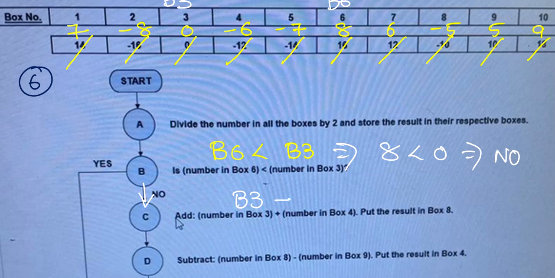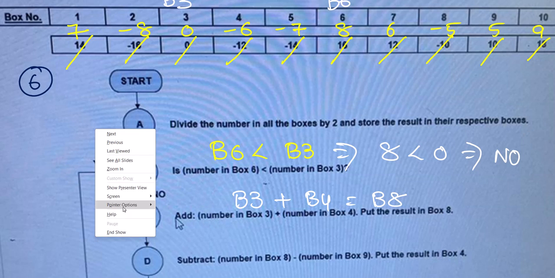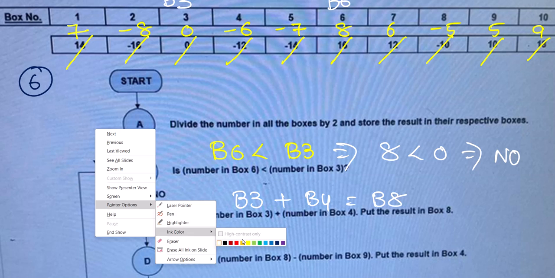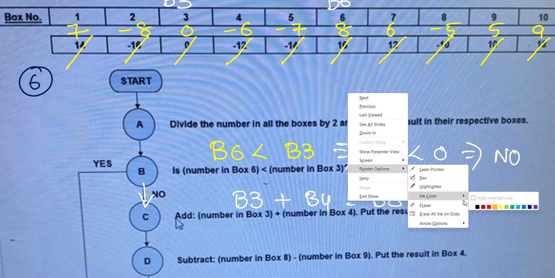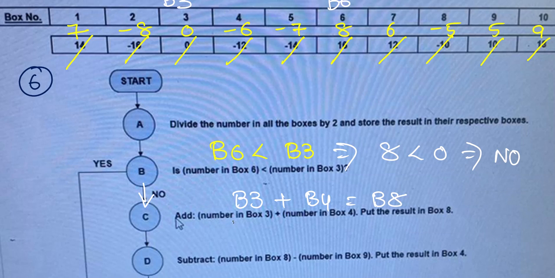Add the number in box 3 and box 4 and put the result in box 8. Guys, 3 and 4 are to be added and the result put in 8. Box 3 is 0, box 4 is minus 6. So 0 minus 6, the result is minus 6, which should be updated to box 8.